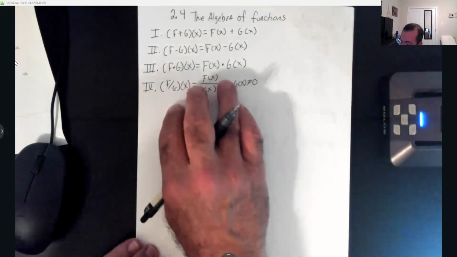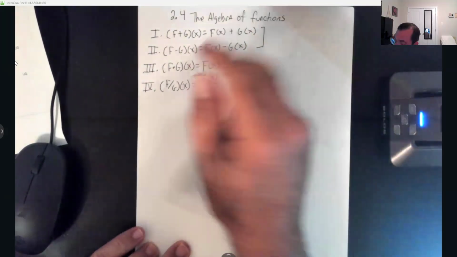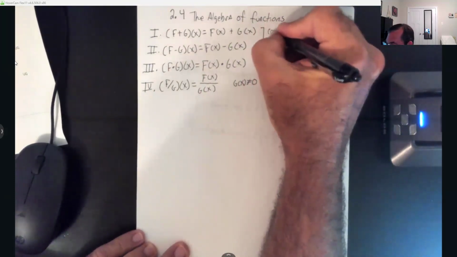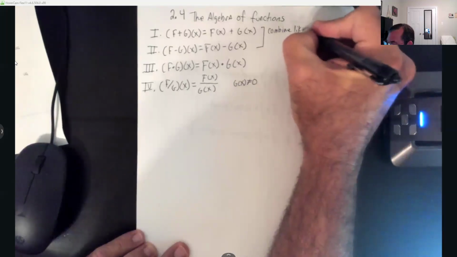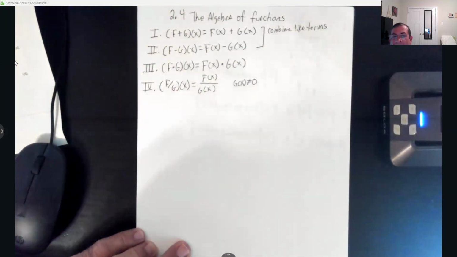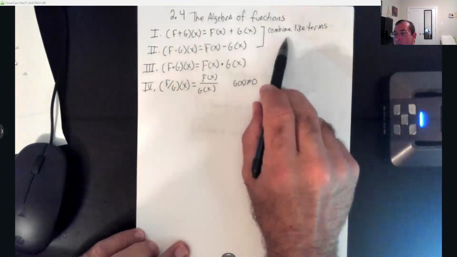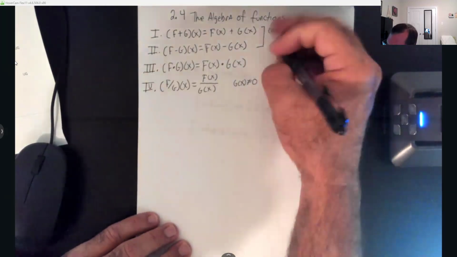So let me just say right here, adding and subtracting basically means combining like terms. And then subtraction, you could combine like terms after distributing the subtraction.